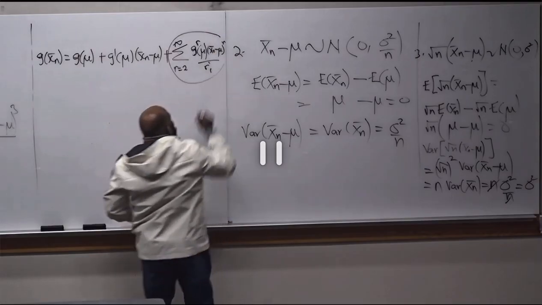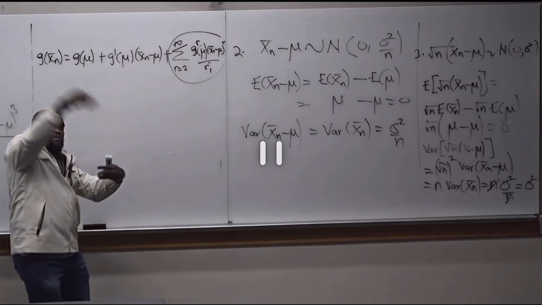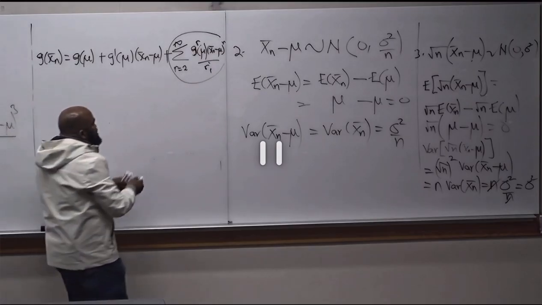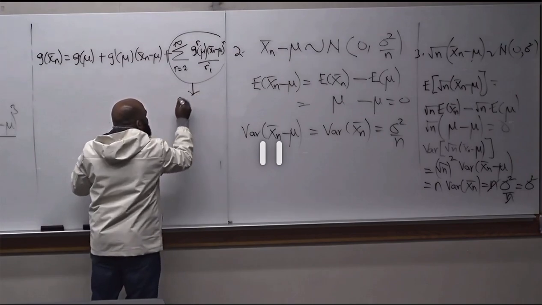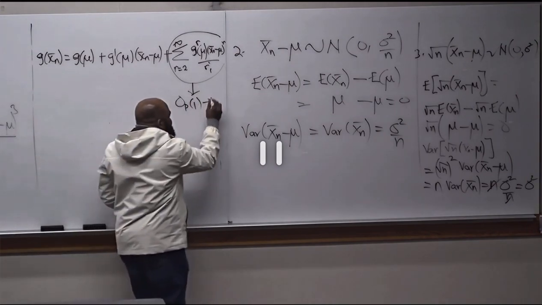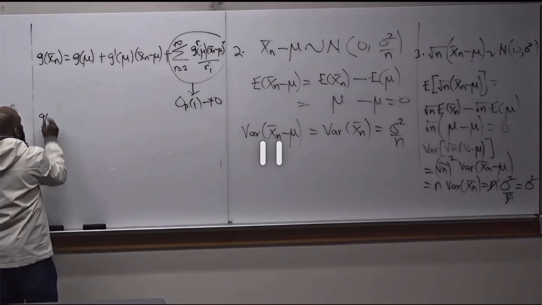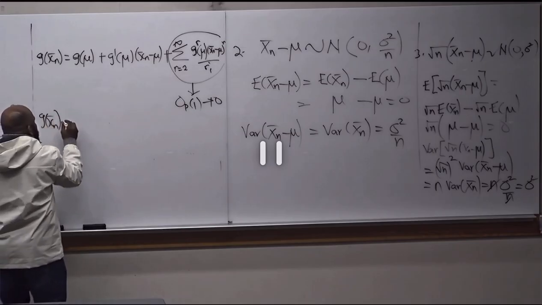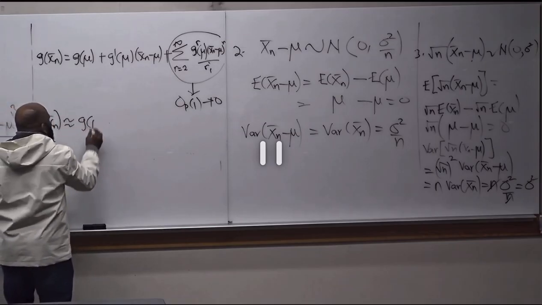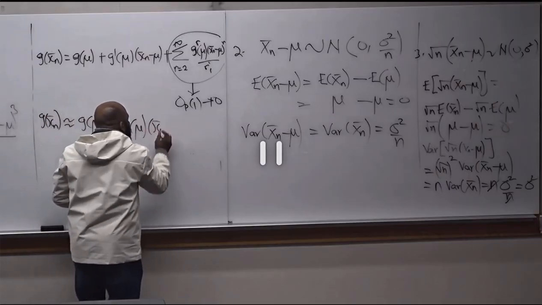If you take a look, this guy is trying to say from second derivative and above. From second derivative and above, we normally write that as this, which is actually going to tend to 0. Because of that, we're only going to need, we say this is approximately g of mu plus g prime of mu times x bar minus mu.